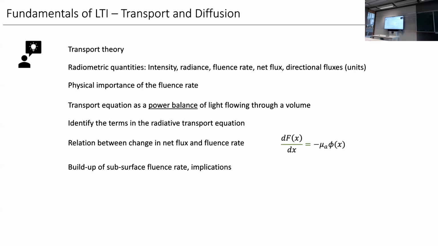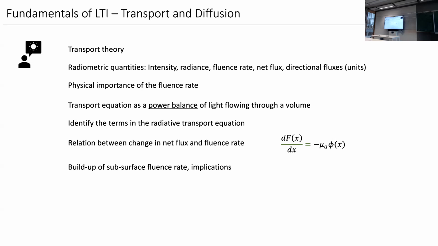Then we briefly touched upon transport and diffusion theory. We won't do so much with that this year, so I'm going to limit what you need to know about this to this list over here. Basically, what I would like you to remember is that the most important radiometric quantity is the fluence rate, with units of watts per square meter.